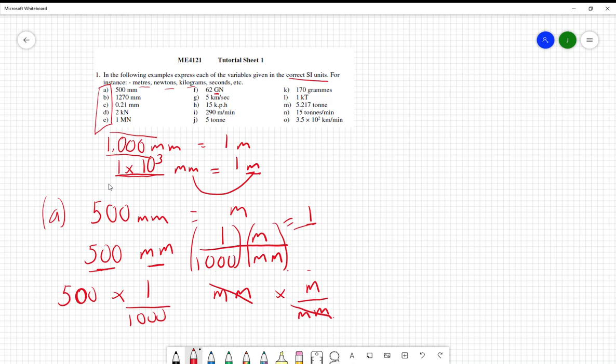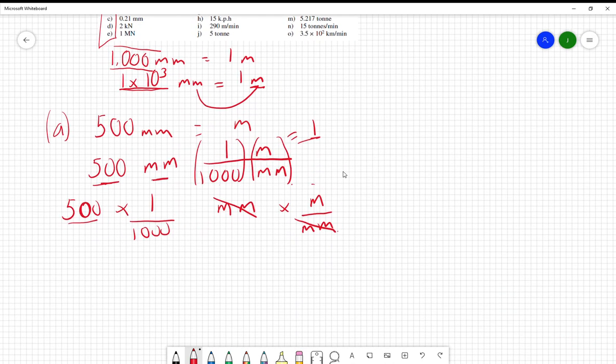The 500 times 1 is still 500, but divided by 1,000, what you'll get here is 0.5, and what you're left with is meters. This is an over-the-top way of explaining this. So the answer will be 0.5 meters. You can get that straight away.